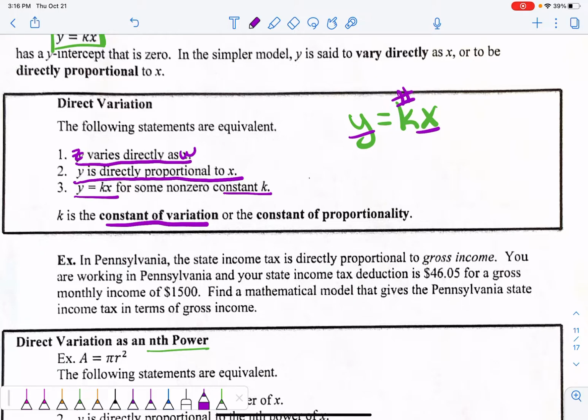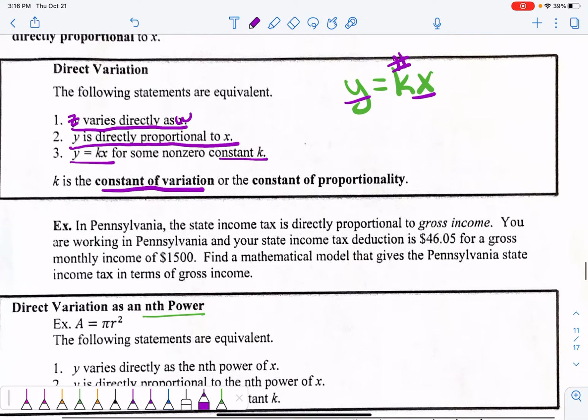So y equals k times x, that's a direct variation equation, all right? So here's my example. In Pennsylvania, the state income tax is directly proportionate to gross income. So here's another example of where they don't use y and x. They use state income tax is, and the word is means equals, directly proportionate to gross income.